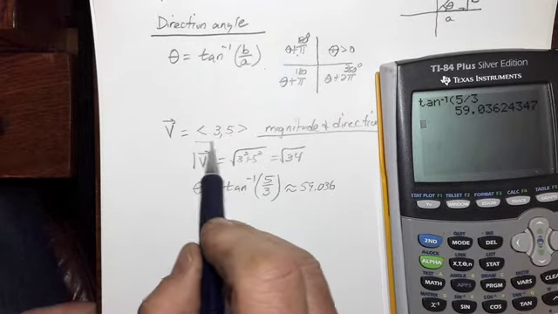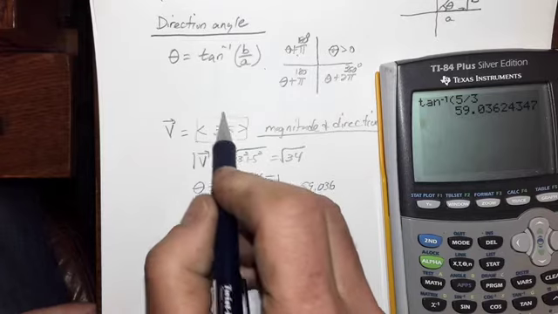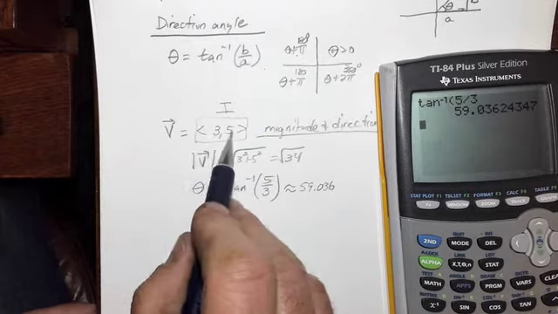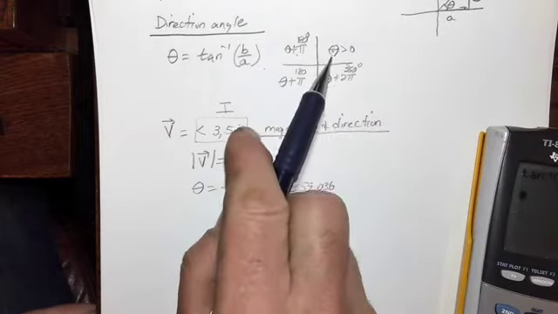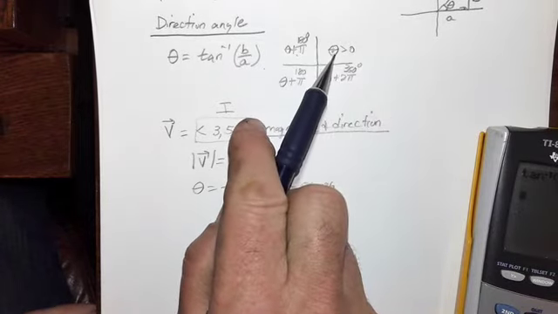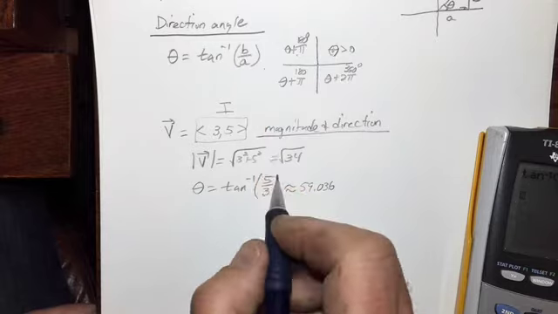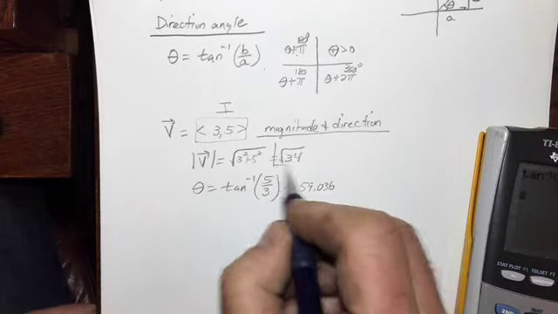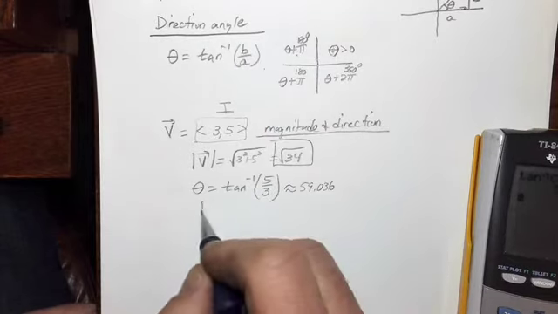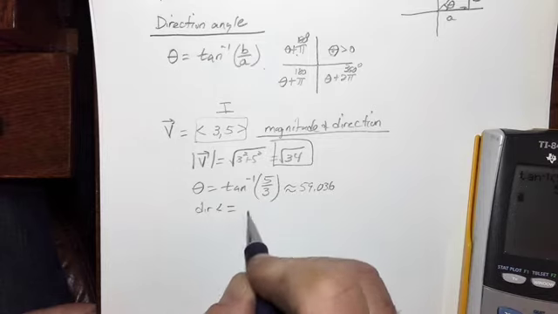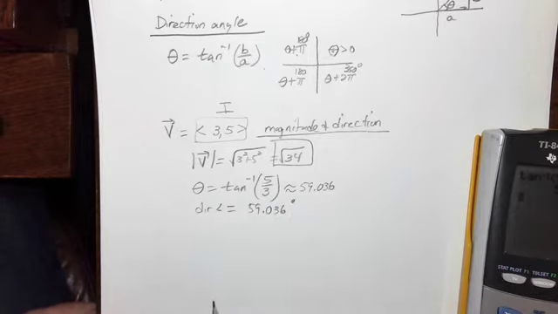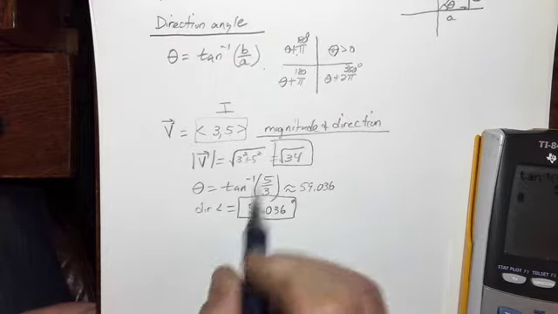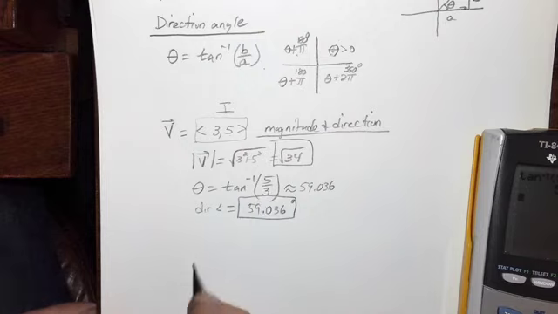Well, I go back to look at this right here. This is in the first quadrant, positive, positive. If it's in the first quadrant, I'm going to use whatever theta I got. So my direction angle is equal to 59.036 degrees. And that's your answer. There's my magnitude, there's the direction.